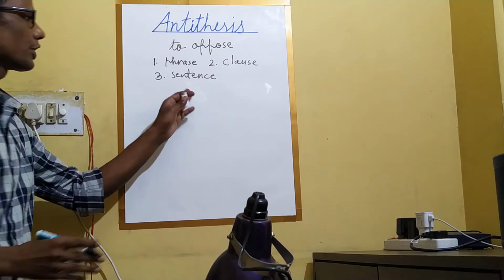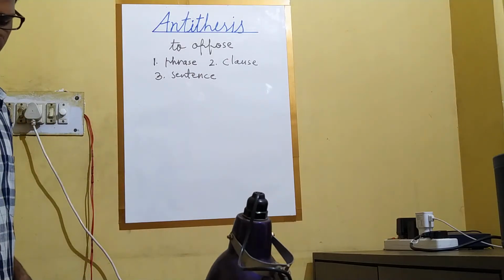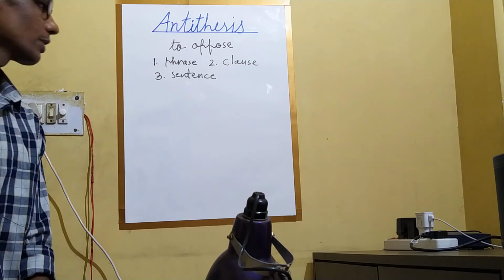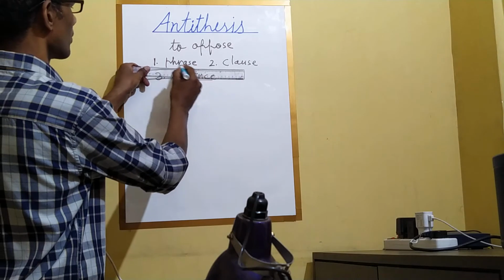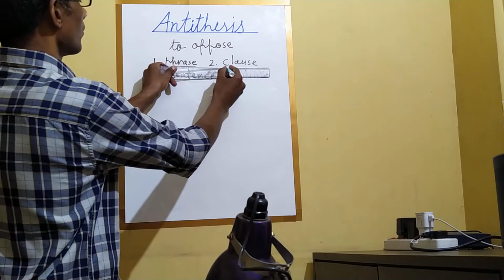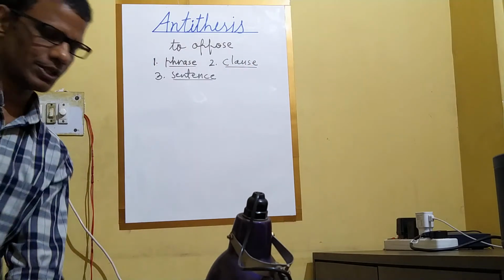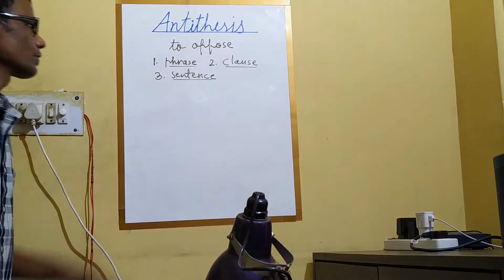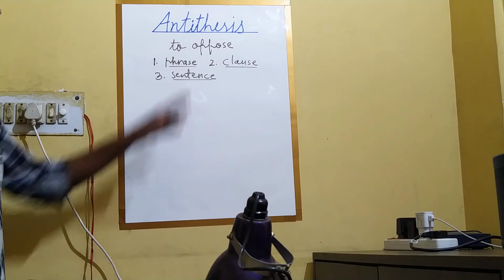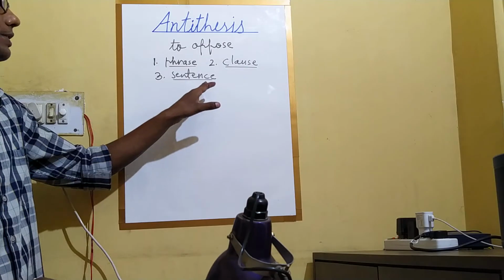I'm not going to get into details of what a phrase, clause, and sentence are. There's a separate lesson already uploaded on my YouTube channel. You can always visit and get the understanding of phrases, clauses, and sentences. So you will find the use of antithesis in a phrase, clause, or sentence.